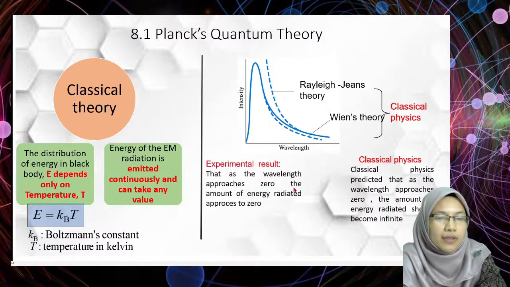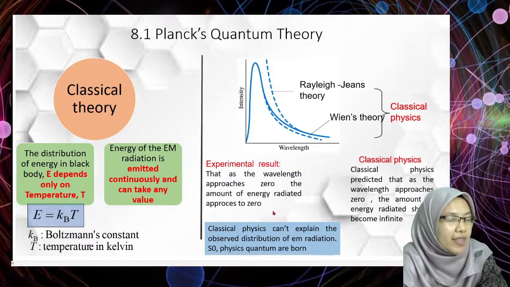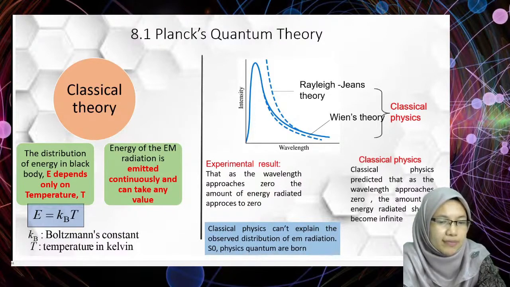But quantum physics, or the experimental value, states that as the wavelength approaches zero, the amount of energy radiated approaches zero. Because of that, classical physics can't explain the observed distribution of electromagnetic radiation. That's why quantum physics was born.